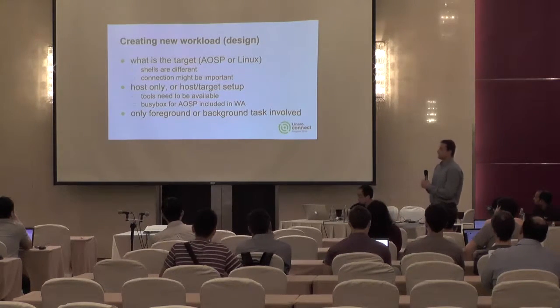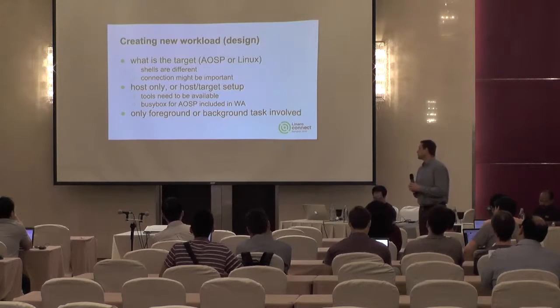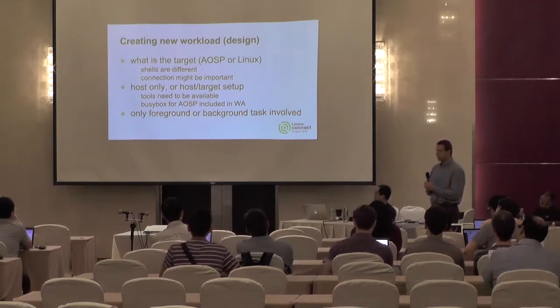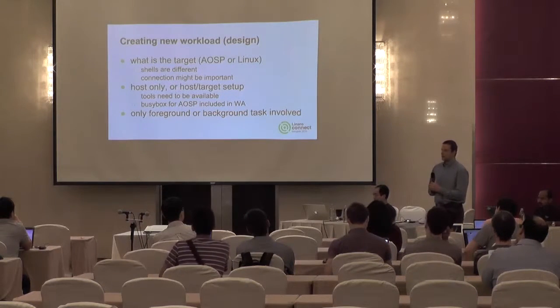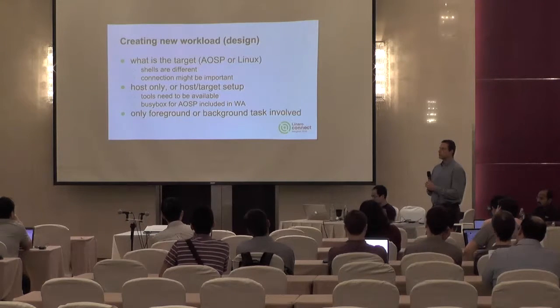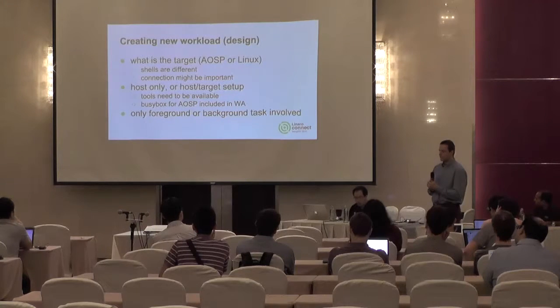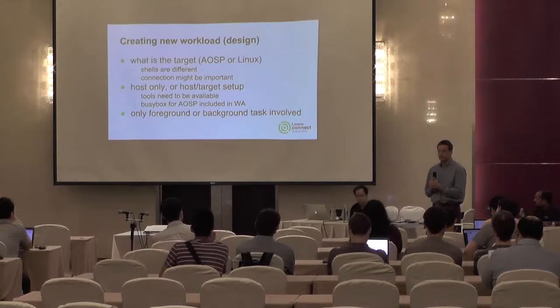All right. Okay, so to the main subject. Our main goal was to create a new workload for the kernel working group. They wanted to measure the latency that is caused by the background workload when launching the apps. Workload Automation upstream at the time when we started already included the app start workload, which basically measures exactly what we needed.